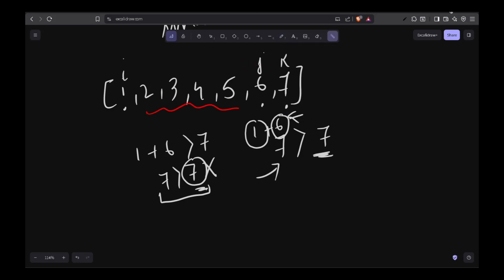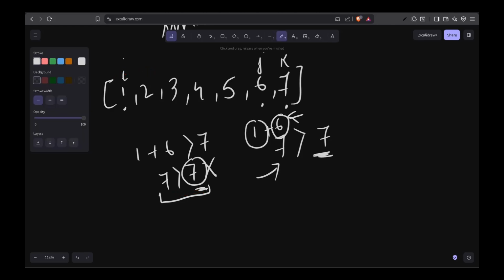And since the array is sorted, we definitely know for sure that if j moves backward, the only numbers it will get are smaller and smaller. Now since we need to increase this, right, we need to increase the number 7, making j smaller does not help. That means in this case, if a condition is not satisfied, we have to move i forward, right?